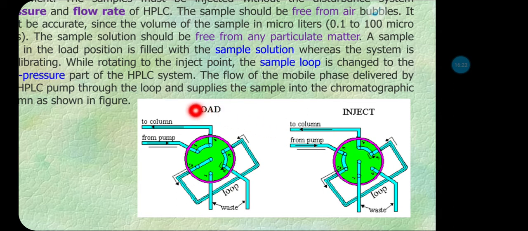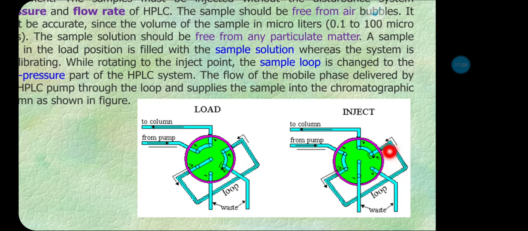So this is the load position, that means this is the sample loop. If you inject the sample, this loop is continuously filled by the sample. The size of this loop is fixed, that means the size of the sample will be the same. If you change this system into the inject position, this loop is connected to the column side, and this side is connected to the high pressure pump, as shown in the second figure.